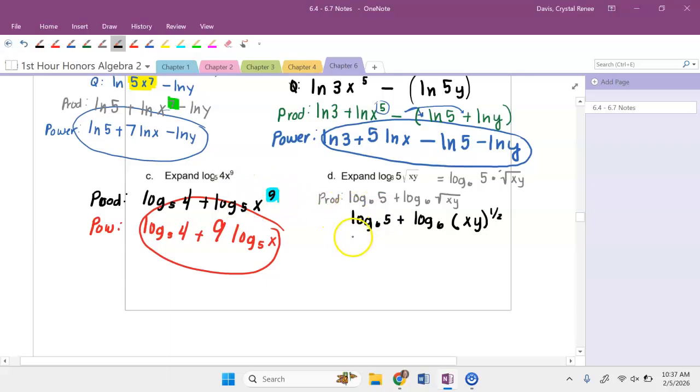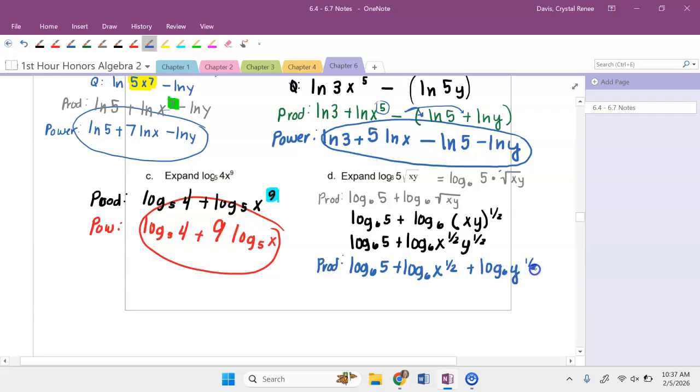Which is the same thing, using exponent rules, as log 6 of x to the 1/2 y to the 1/2. Now I can use the product rule again. I can break this right side up. So log base 6 of 5 plus log 6 of x to the 1/2 plus log 6 of y to the 1/2.